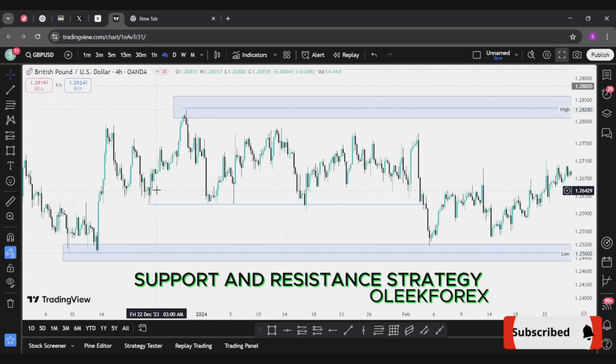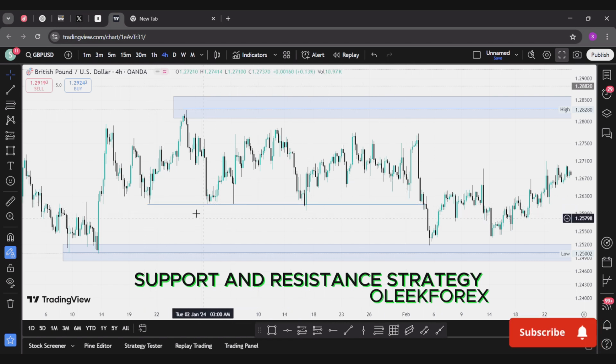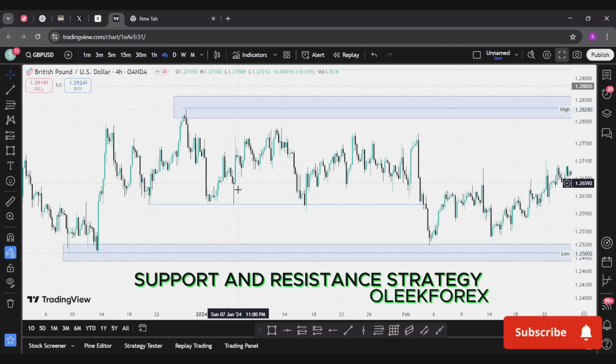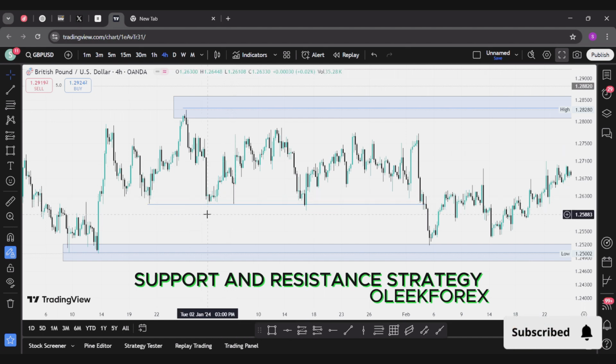You can see this is a zone. It touched it once, it came back, it touches it twice, it still came back. You can see the rejection. It shows that there's a zone, there's liquidity, there's a lot of funds around this side. So the buyers are higher than the sellers.